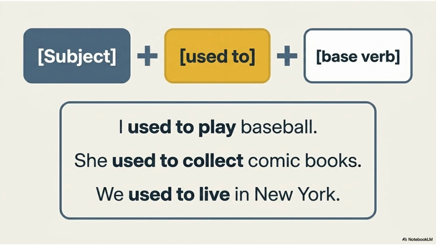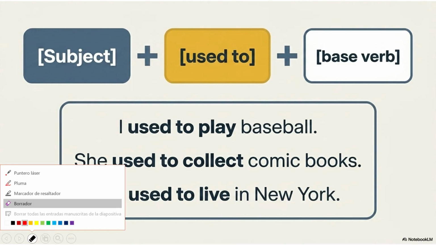Okay, examples. I used to play baseball. Can you see this? When we use this, it is always in the past when we are working with an affirmative sentence. Pay attention to that. Only in affirmative sentences. You will see why now. So the structure of used to, right? Let me erase this. I don't want you to get confused.